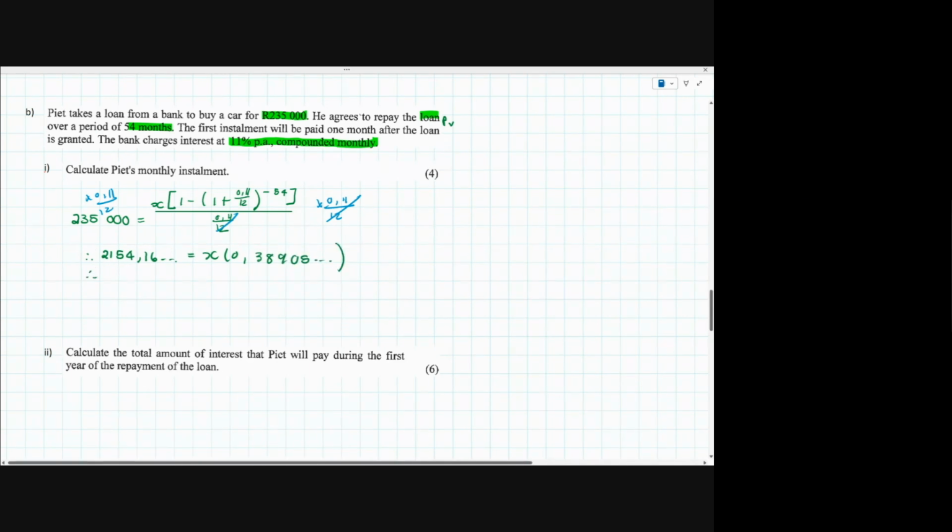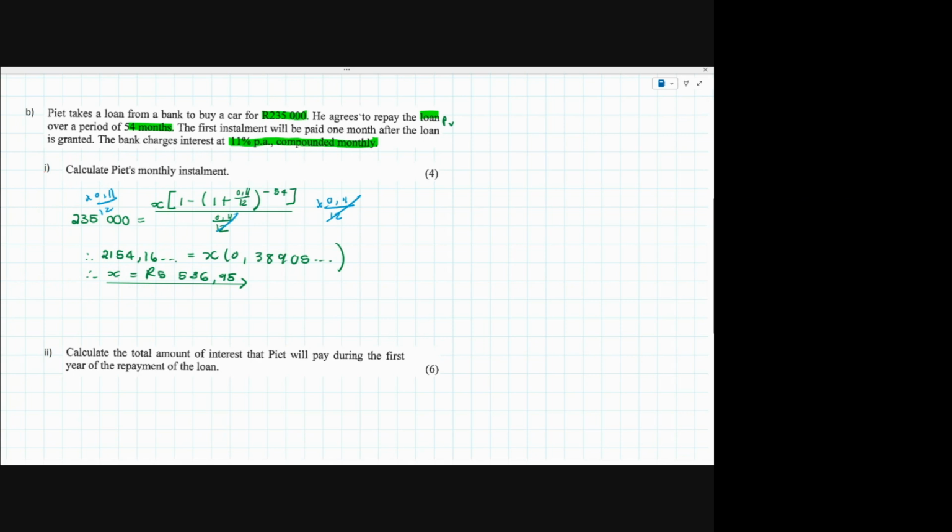Right, now I just divide both sides by that bracket of 0.38905, etc., to get x, and x is then 5,536 Rand 95 cents. So that is how much he needs to pay per month in order to pay off his loan to buy his car. Nothing tricky, using the formula, simple.